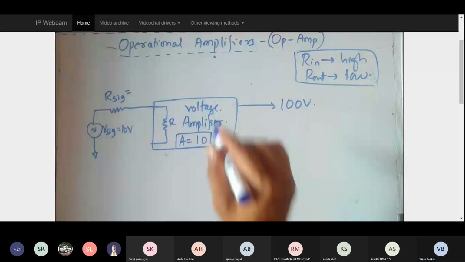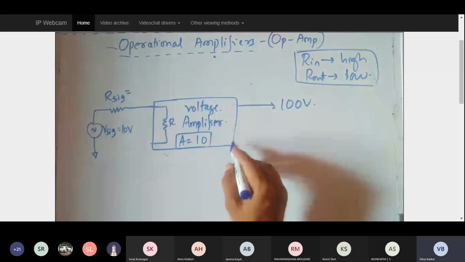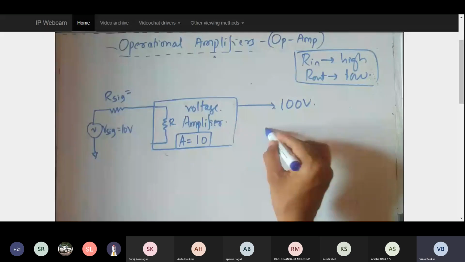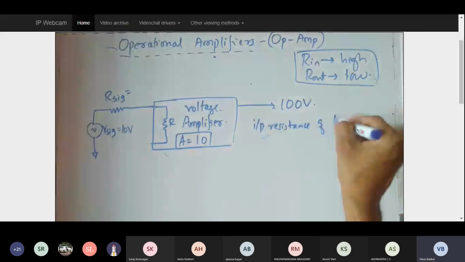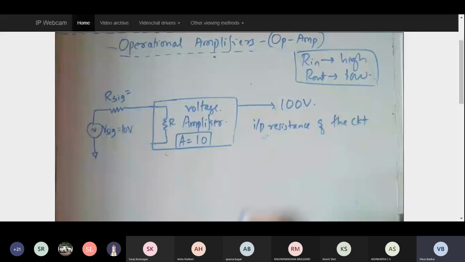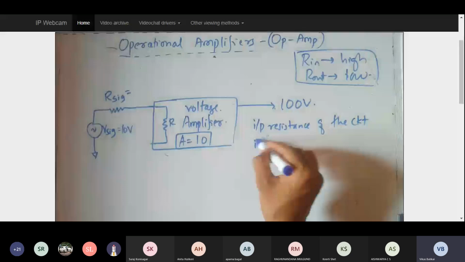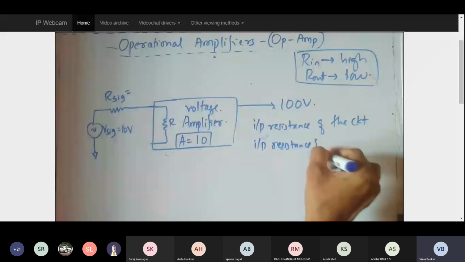Tell me what is the input resistance of the circuit, and what is the input resistance of the amplifier.